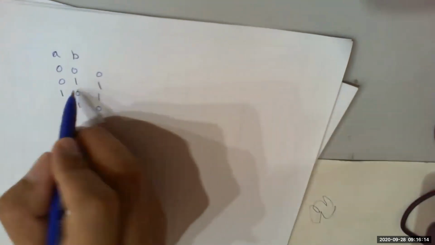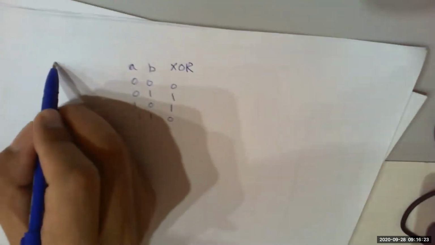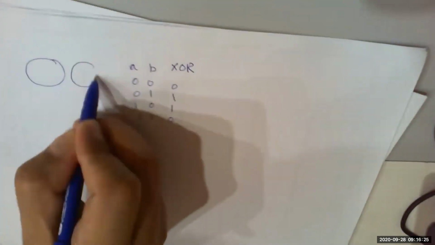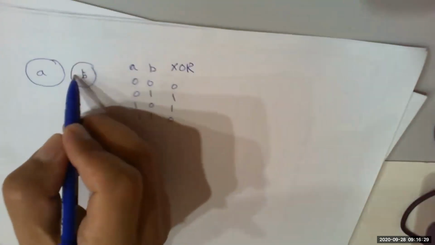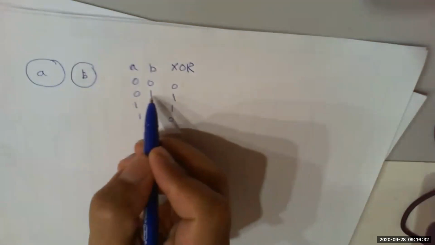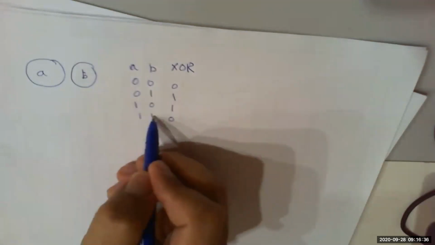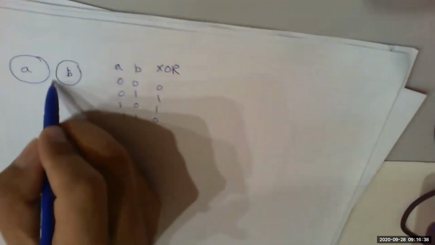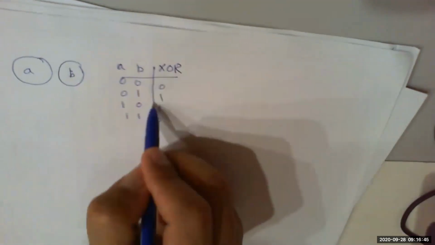So this is XOR, and if you studied discrete structures, you will see it is like that. A and B are mutually exclusive, meaning you are in A or in B, not in both of them. There is no intersection between A and B. So this is mainly the XOR concept or logic, okay?